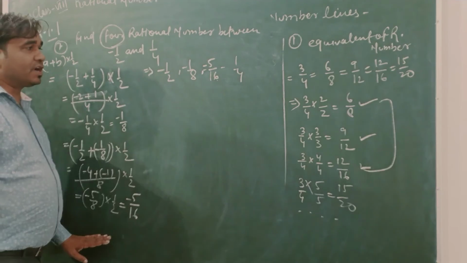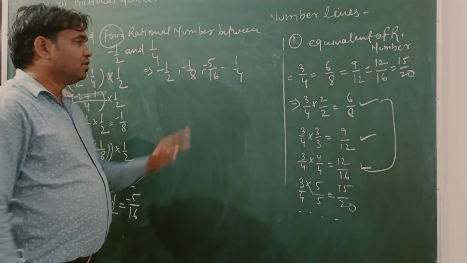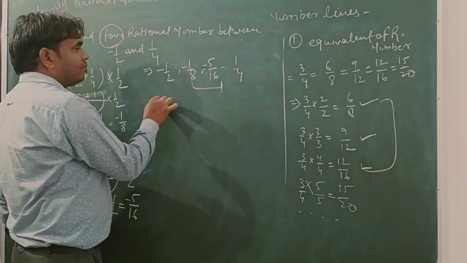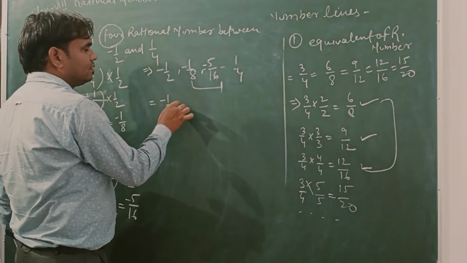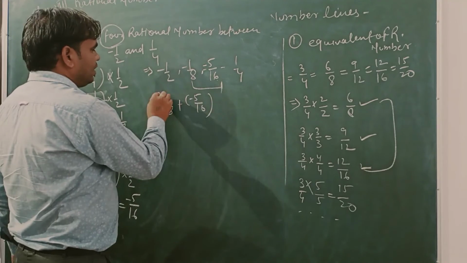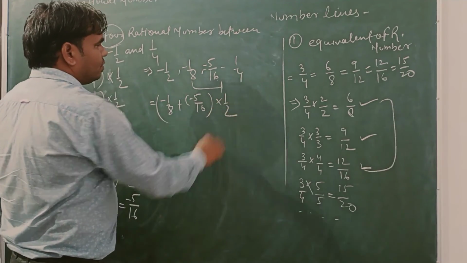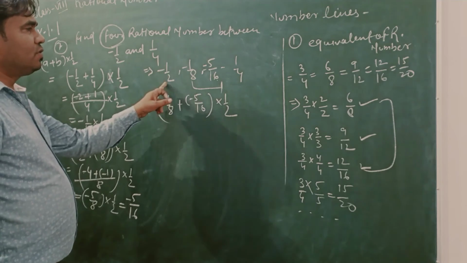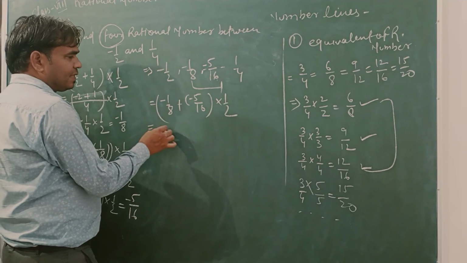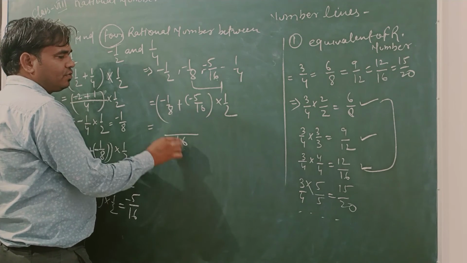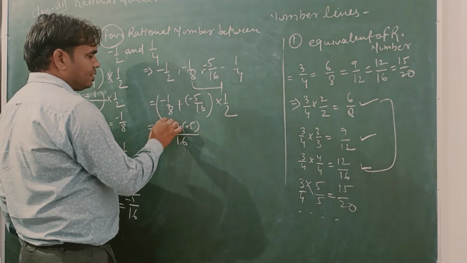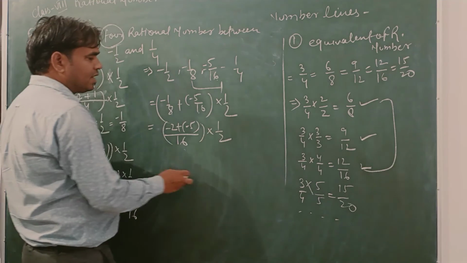And after that you can take these numbers, this and this. So that is minus 1 over 8 plus minus 5 over 16, and 1 over 2. You can also take minus 1 over 2 and this number; any numbers you can take. So here you see LCM 16: 8 twos are 16, 1 time, minus 5, and here multiplied by 1 over 2.